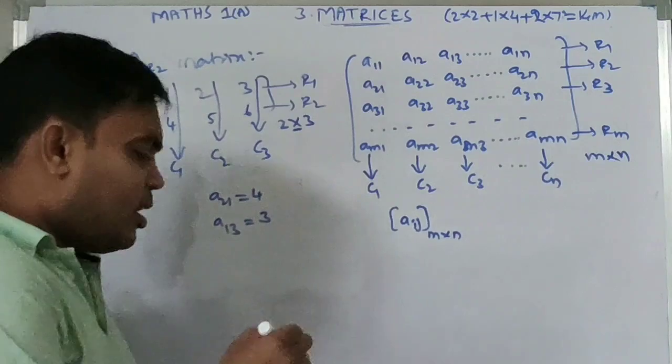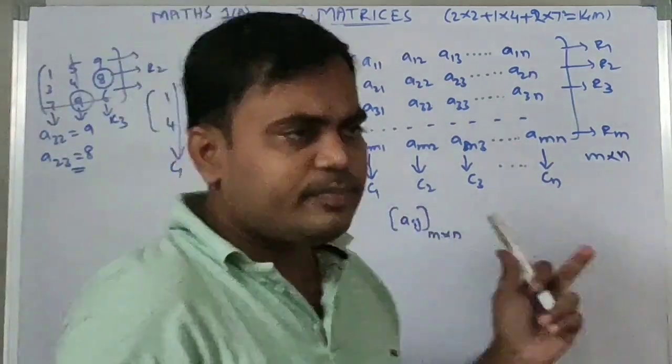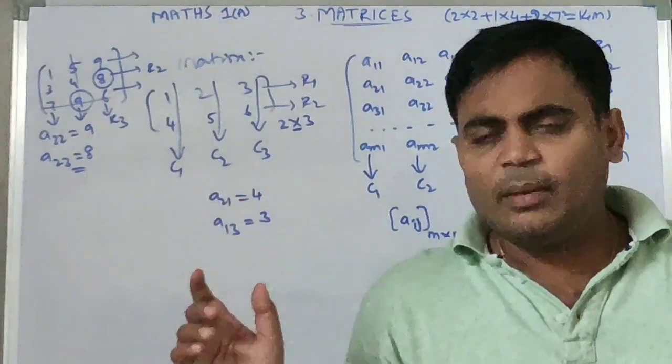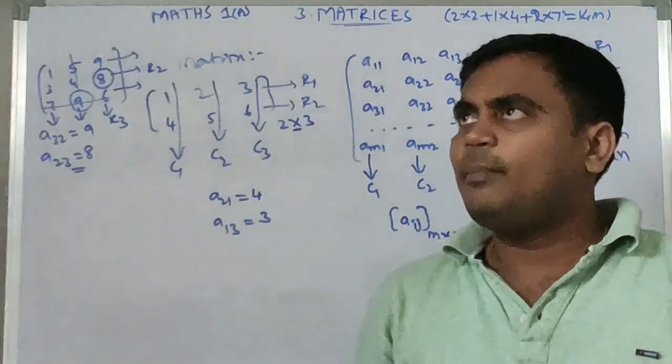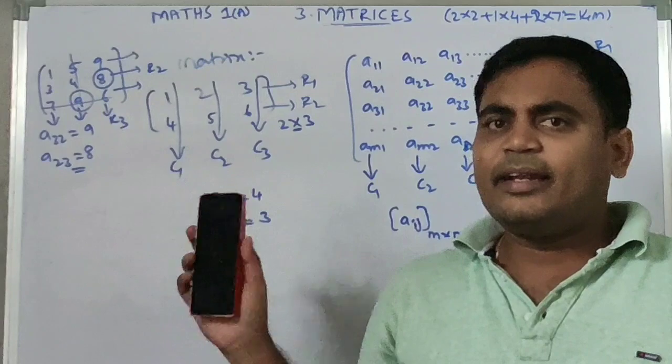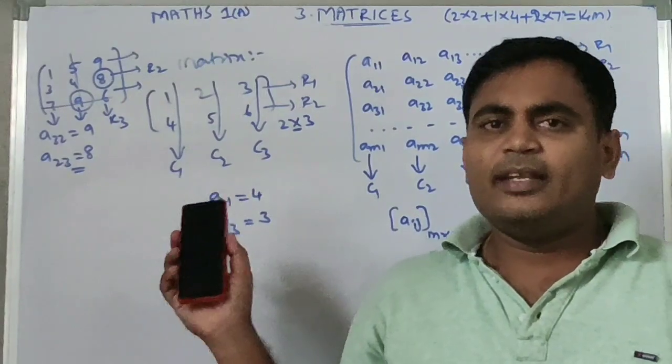Okay, next, coming to the matrix one more time. An ordered rectangular array is called a matrix.